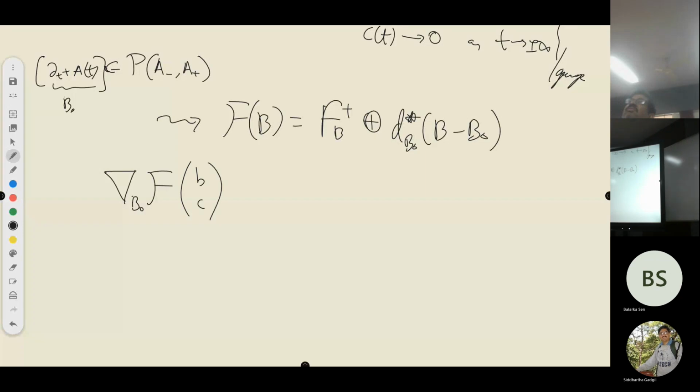We can write this in these coordinates where little b is supposed to be things in the 3-manifold direction and c is supposed to be things in the time direction of the tangent space. So now this is going to be, you first take dot, and then you take this thing.